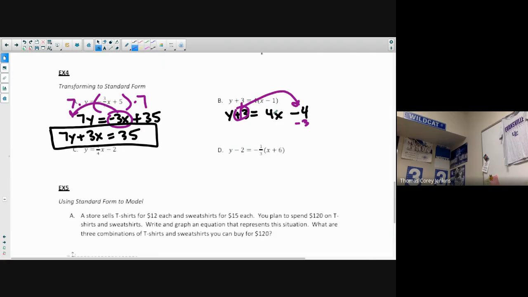I'm also going to move this term over there, in a different color. So that's -4x to both sides. What I'm left with after it's all said and done would be -4x plus 1y equals whatever -4 minus 3 is. So that'd be -7.